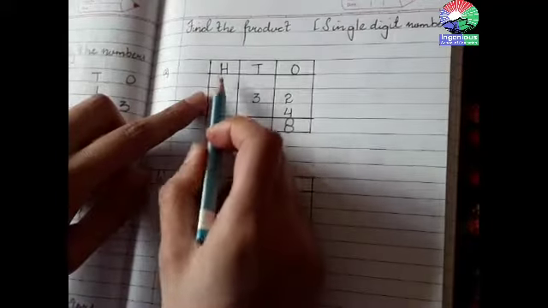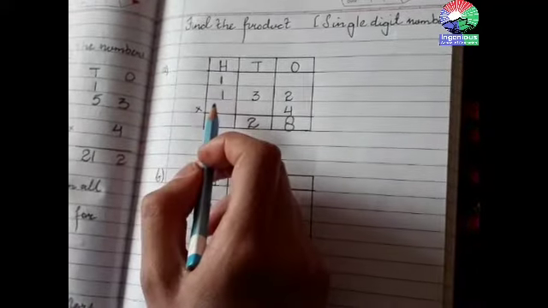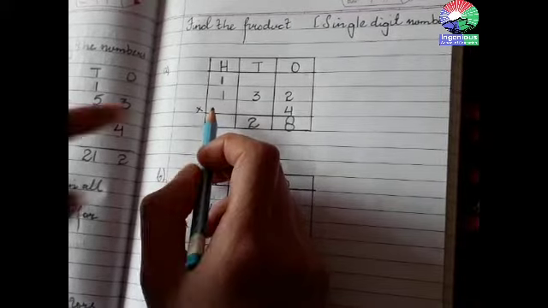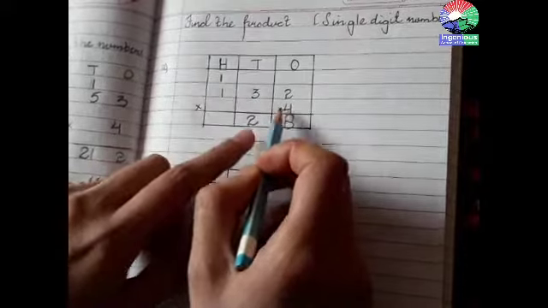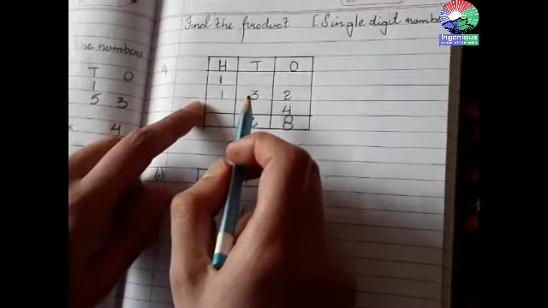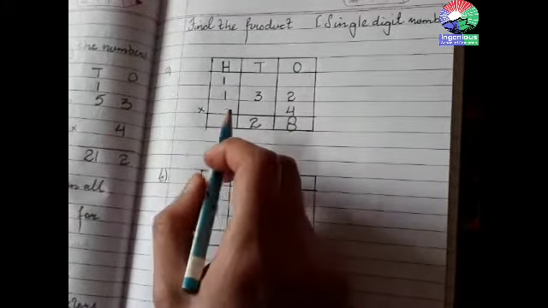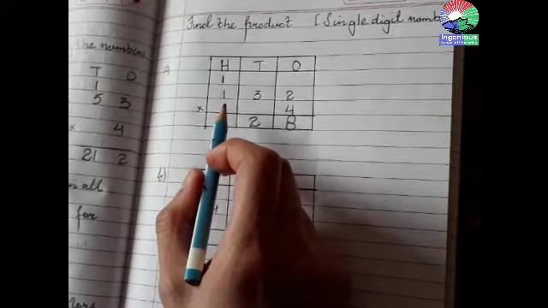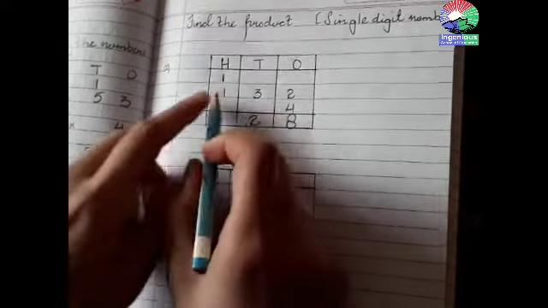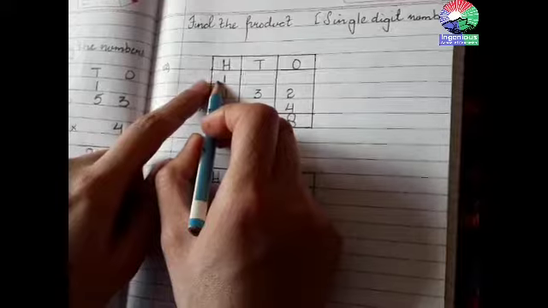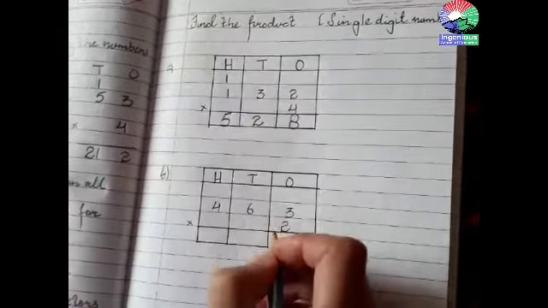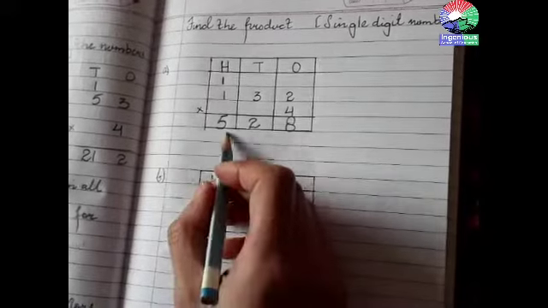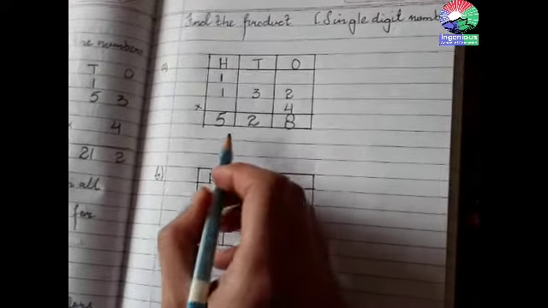Now, the digit at the hundreds place is 1. We have to multiply 1 with 4. 4 ones are 4. Now, add the carry 1. 4 plus 1 is equal to 5. Now, the answer we get is 528.